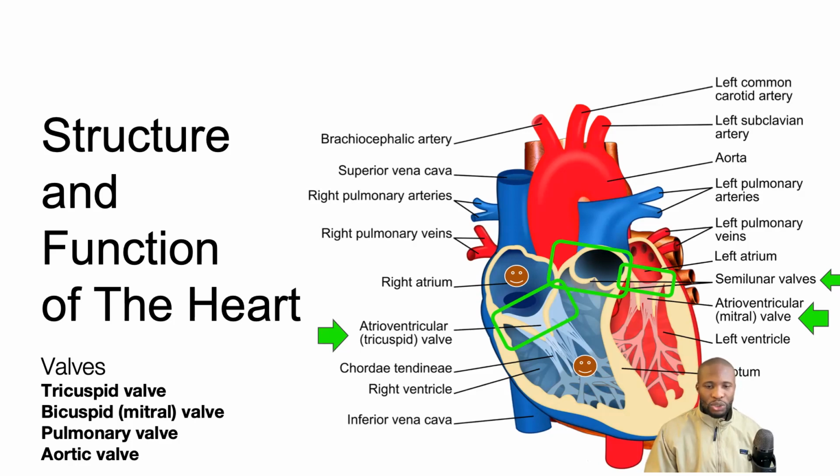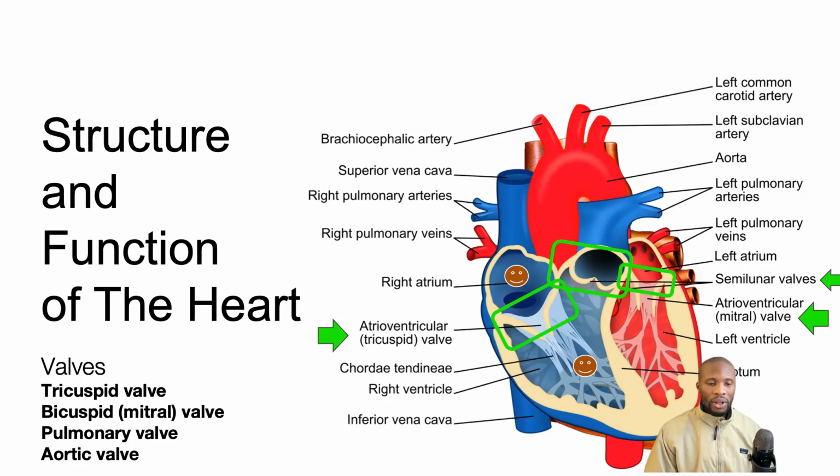We have the atrioventricular valve, atrium ventricle. So that valve is going to be the door that is separating the atrium from the ventricle. And this atrioventricular valve on the right side is actually called the tricuspid valve. And then if we go on the left side of the heart, we see there's another door once again that's separating the left atrium from the left ventricle.